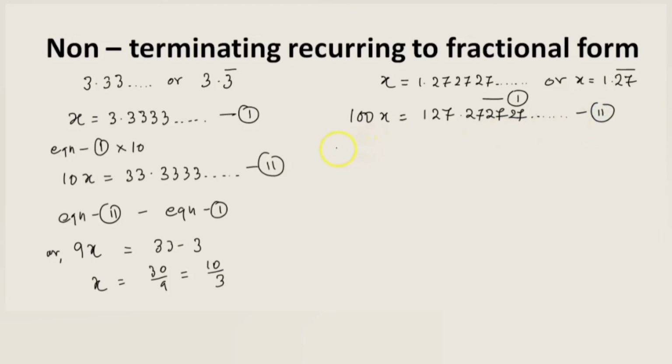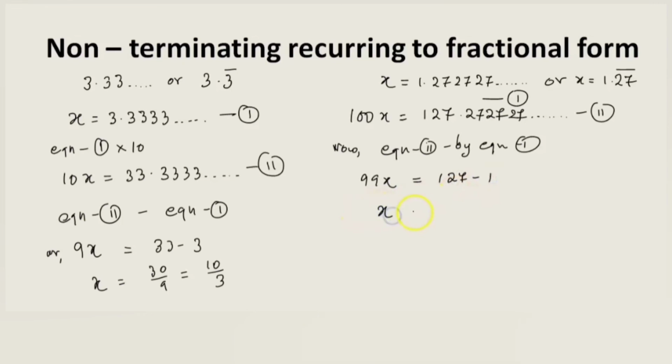Now I am going to subtract equation 1 from equation 2. So I will get 99x on the left hand side, and on the right hand side it will be 127 minus 1.